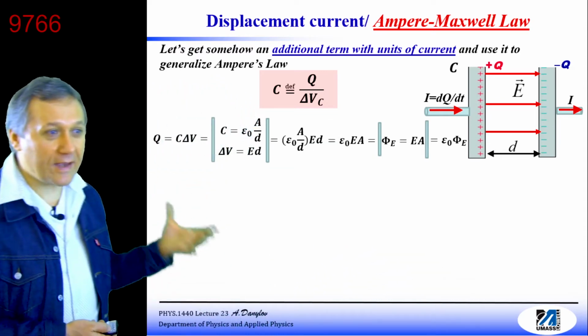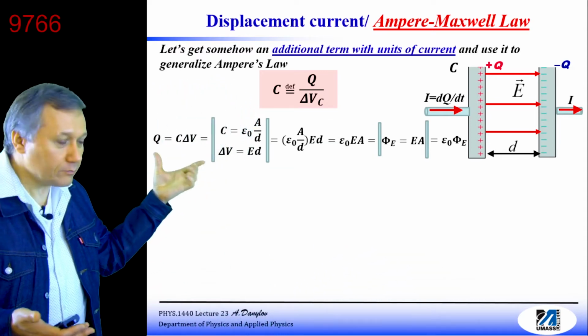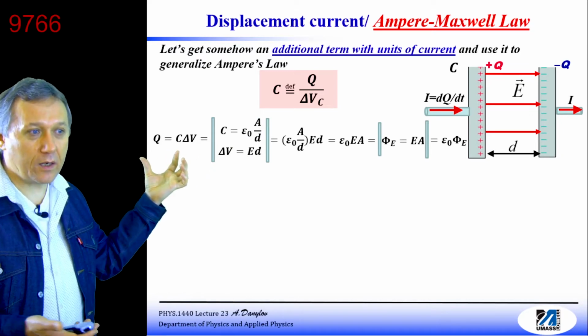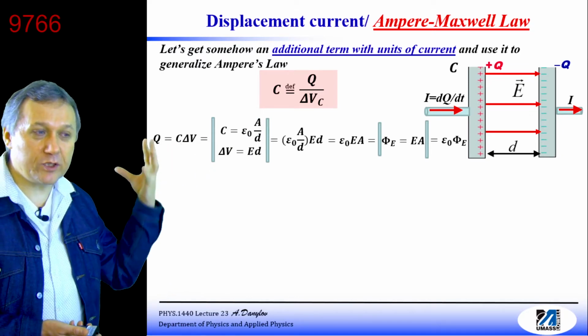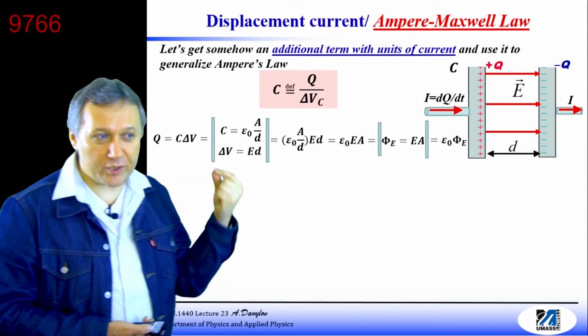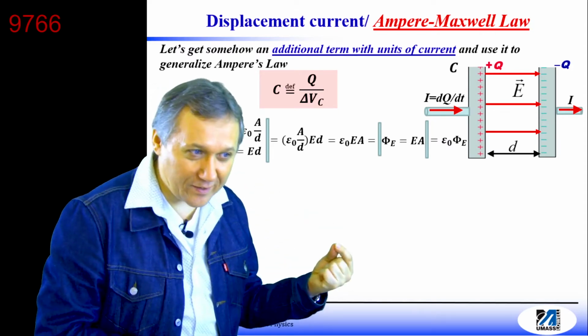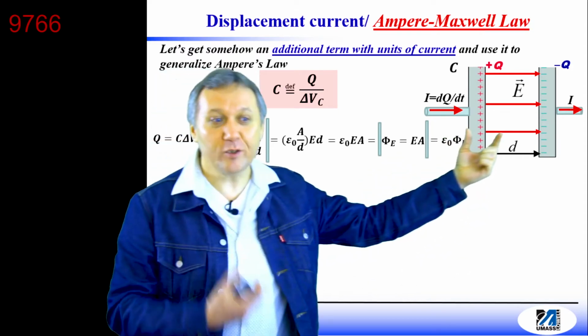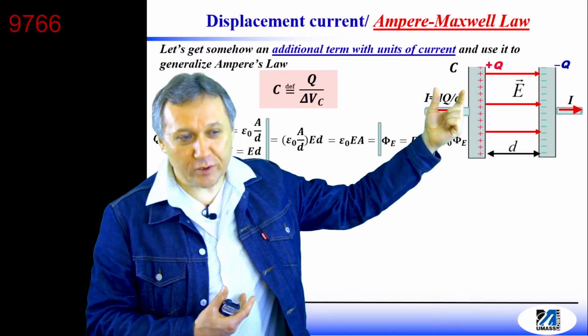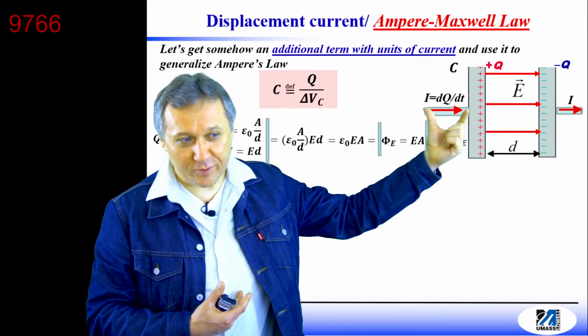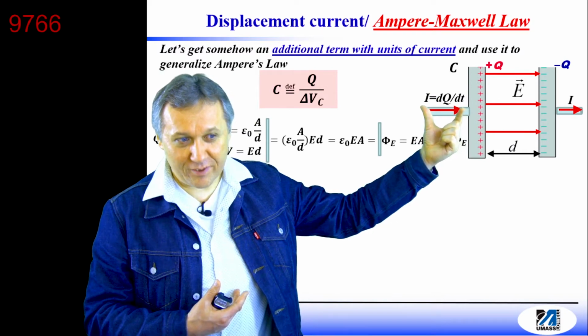Okay, so that's how we can write charge. But again, we need to get a term which has unit of the electric current. So in order to get units of the electric current, we need to differentiate charge with respect to time. dq over dt.